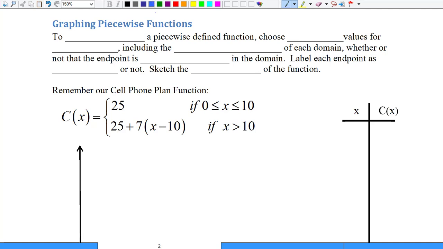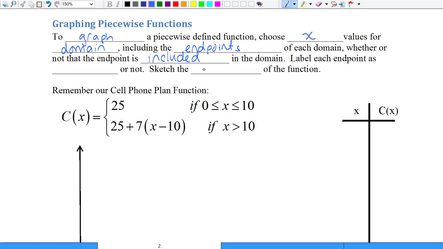The next thing we're going to do is to graph piecewise functions. So to graph a piecewise function, what we're going to do is choose x values for each domain, including the endpoints of the domain, whether or not that endpoint is actually included, meaning or equal to, okay?